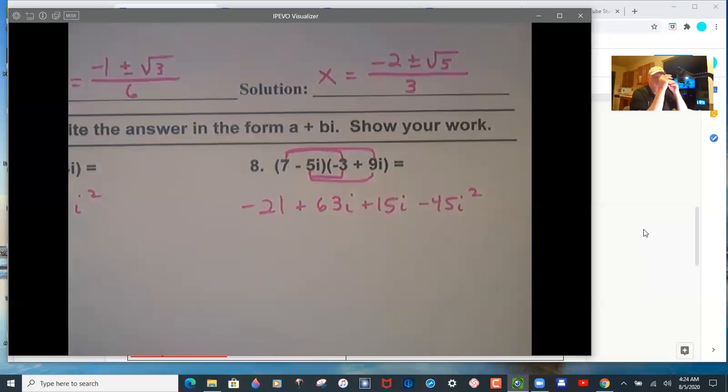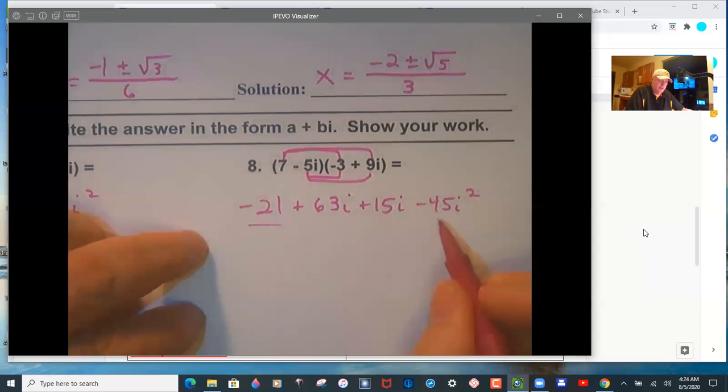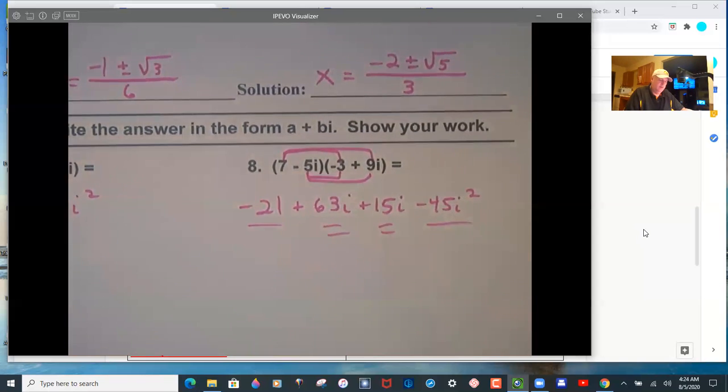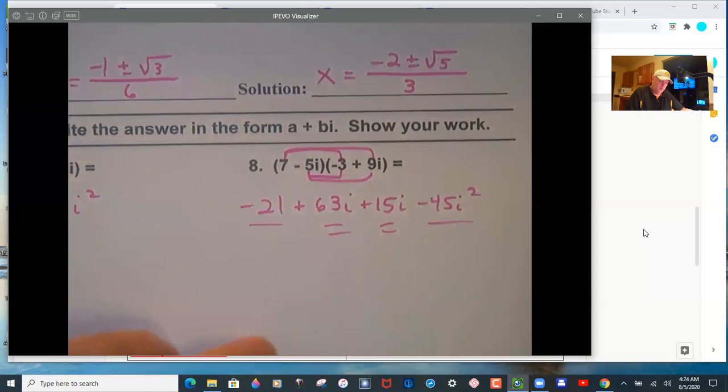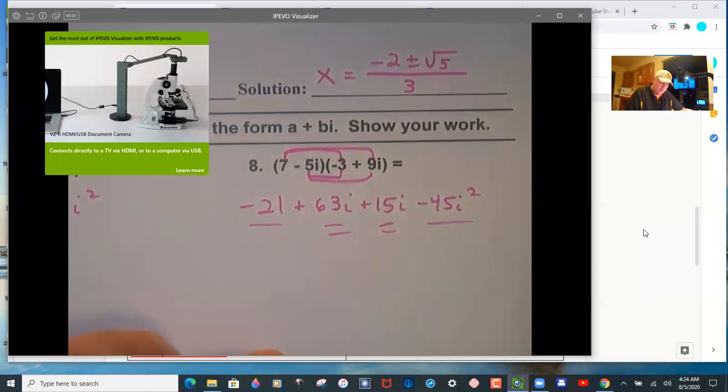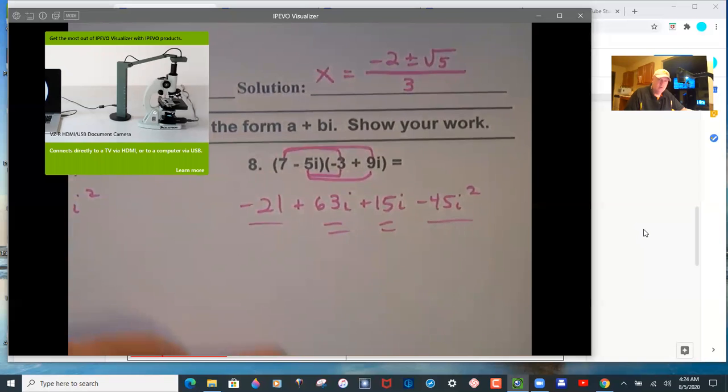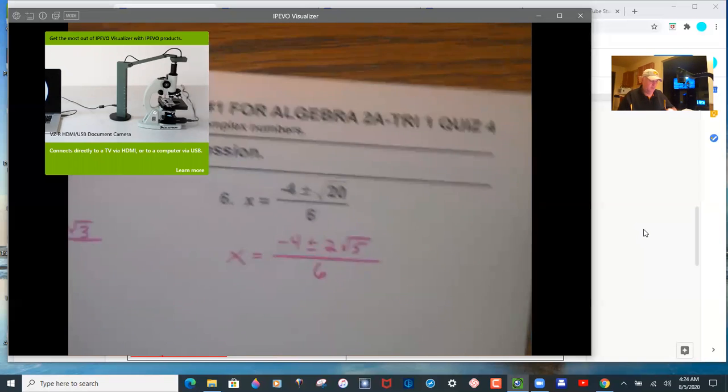Okay, so this is plus 45 out here. So 45 minus 21, and combine these two are alike, and these two are alike. So that makes 24 plus 78i. And there's my advertisement again.